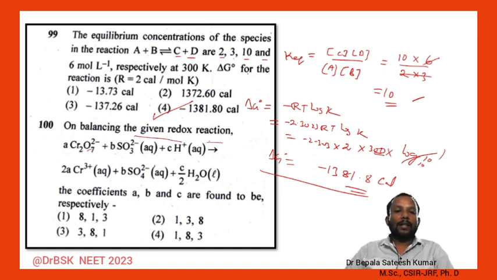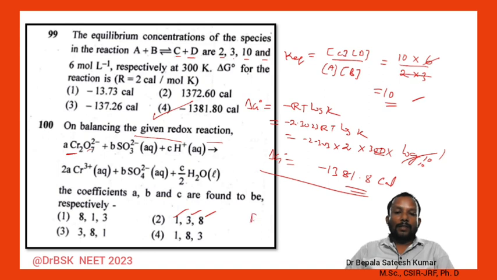Now balancing the redox equation. We balance the equation, and we get A value equal to 1, B value equal to 3, and 8.